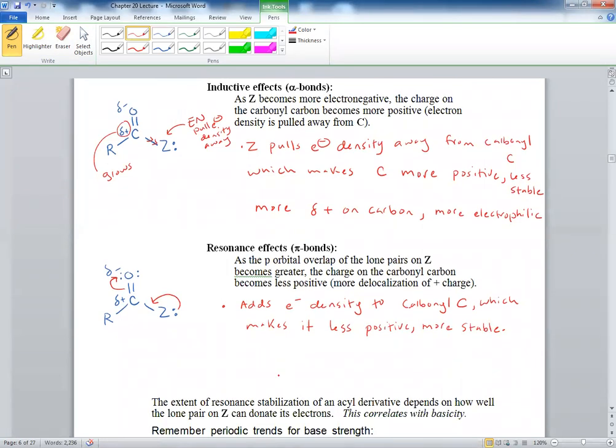So now this is the opposite. If you have less delta positive on carbon, then it will be less electrophilic.